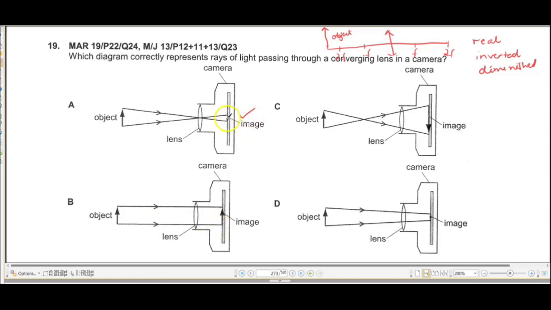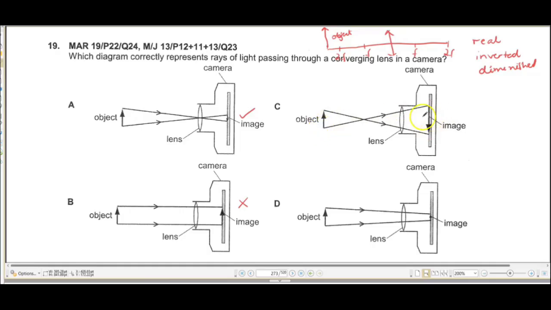And the image formed is inverted as well, diminished as well, and obviously it's being formed on the screen, so it's real. If we look at this one, the object and the image formed are of the same size, so this can never happen in a camera. So that is why this is not correct. In option C, we can see that the object is of this size, the image is much bigger than that of the object.